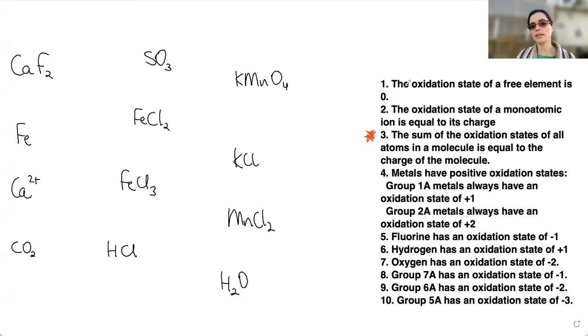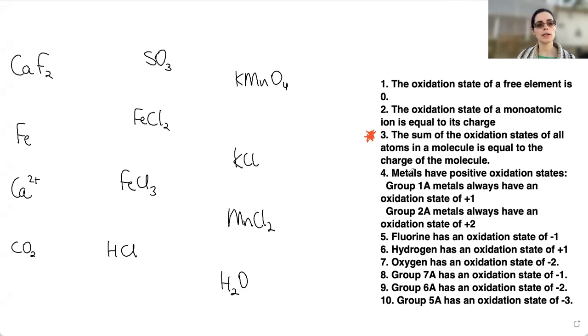Now, number 1, the oxidation state of a free element is 0. Is calcium fluoride a free element? No. Number 2, the oxidation state of a monoatomic ion is equal to its charge. We don't have a monoatomic ion here. Number 3, we skip for now. And then number 4, group 1A metals.